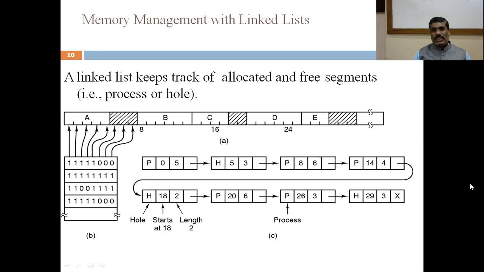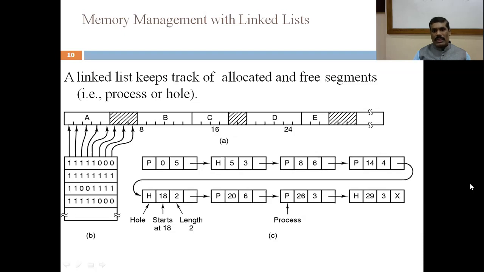Then again the process C is there, P, starting at 14, size of 4. Then next we have the 2 allocation units free, so it is H, that is hole, starting at 18, size of 2. Then we have the D process, P, starting at 20, size of 6, pointing to the next node.